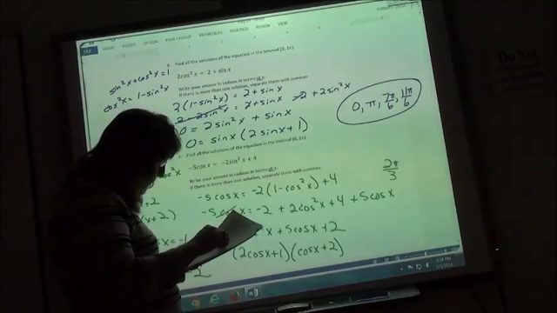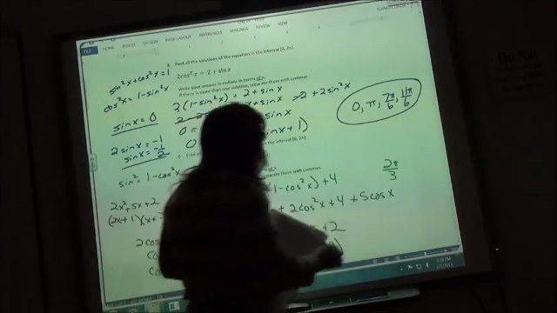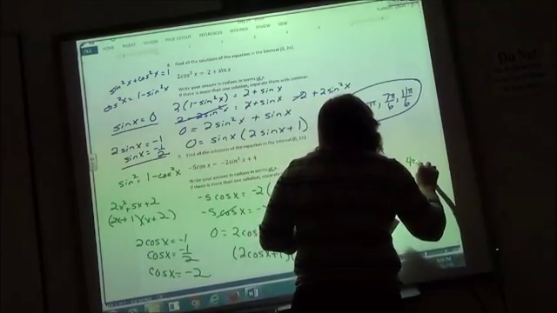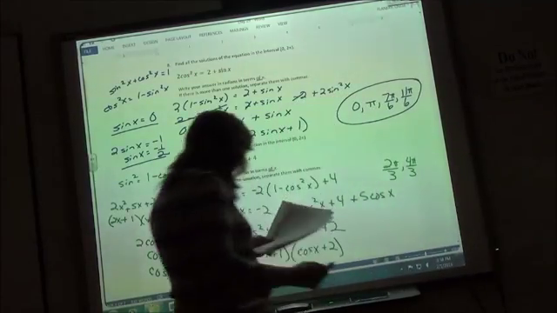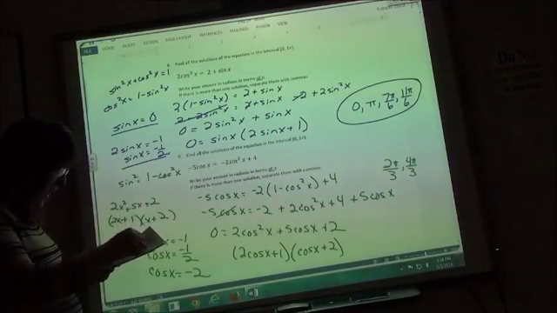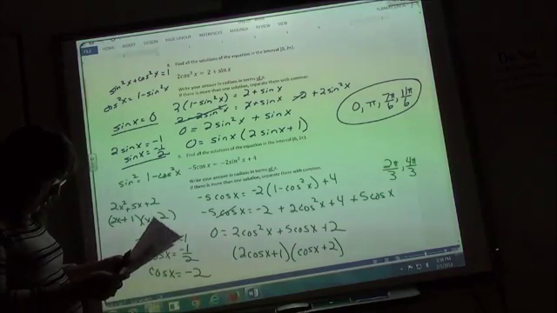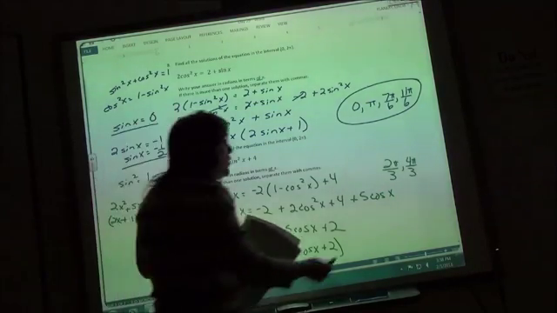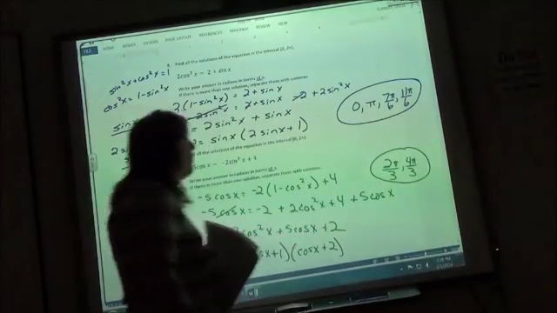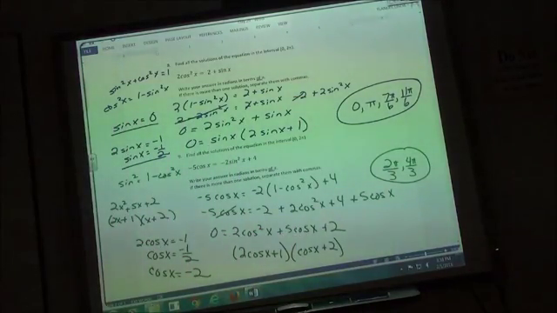Cosine of x equals negative 1/2 at 4 pi over 3. And if I look for cosine of x equals negative 2, there aren't any that equal negative 2. So I'm just going to have those two answers, 2 pi over 3 and 4 pi over 3.